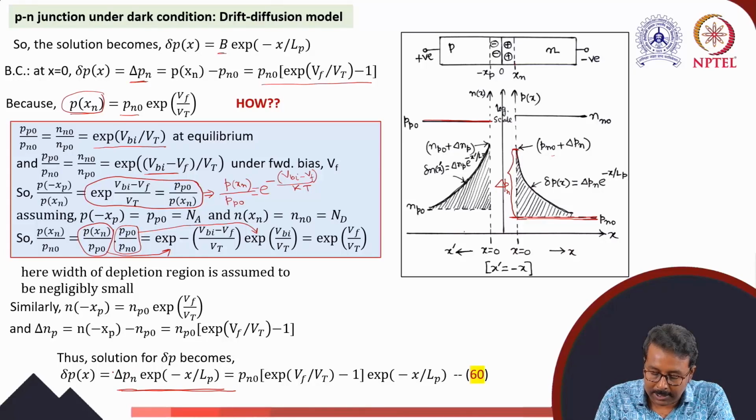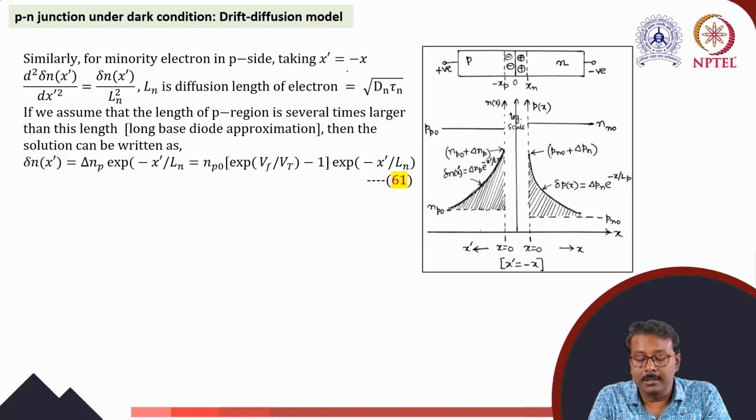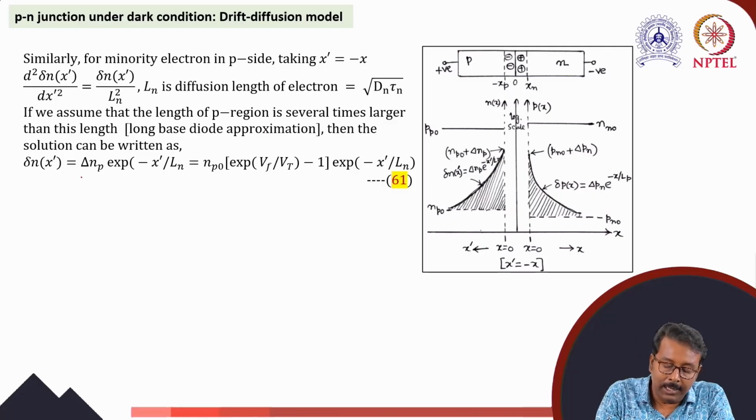Some constant delta Pn, this is delta Pn extra at x equal to 0 or x equal to xn position, into exponential minus x by Lp. The equation number 60, that is important. Similarly, for minority electrons in the p side, taking x dash equal to minus x and considering the x dash axis system, you can get delta np exponential minus x dash by Ln, also decay.